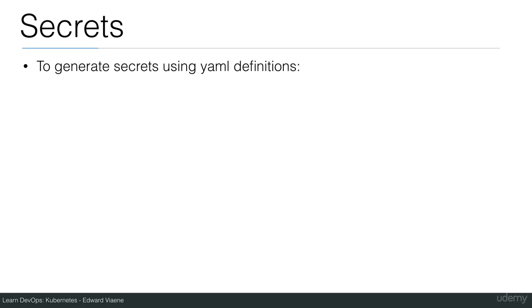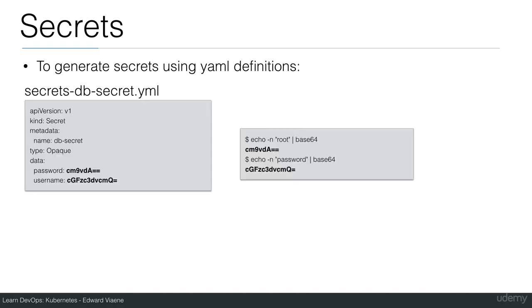If you want to generate secrets using YAML definitions, as previously we always used YAML files, you're going to create a file secrets-db-secret.yaml, and this definition is going to be of kind Secret. You're going to give it a name, a type, and then you're going to supply the data. Here you're going to supply base64 strings. On the right, you see how you can generate those base64 strings.